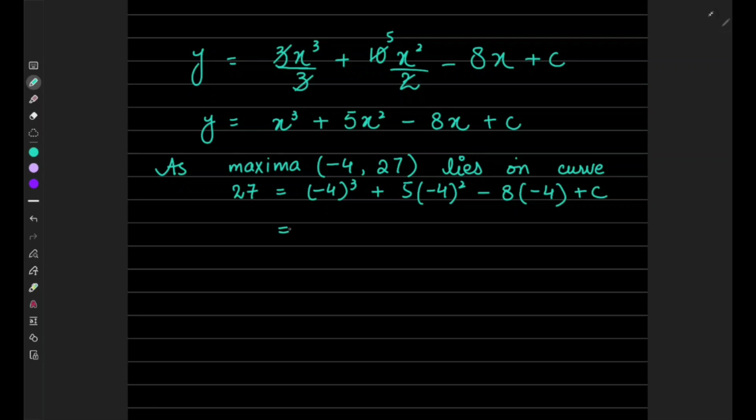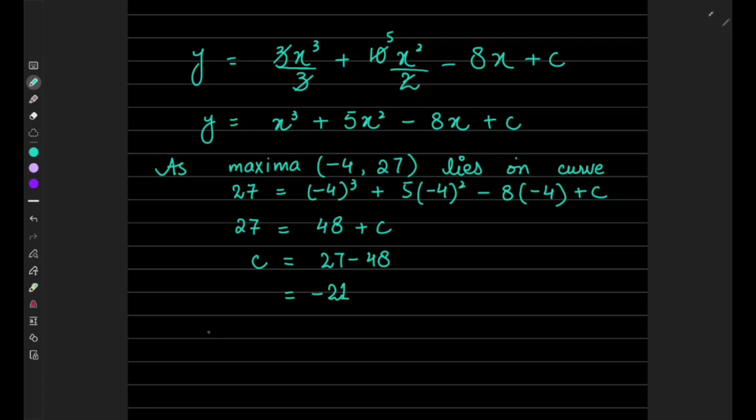Directly calculating with the calculator, this gives you 48 plus c equals 27, and c will be equal to 27 minus 48. That gives you minus 21.